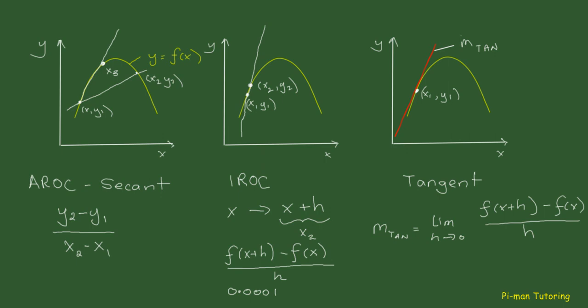So it's exactly the same as the IROC formula, except that we have this new piece at the front, this limit as h tends to 0 expression.